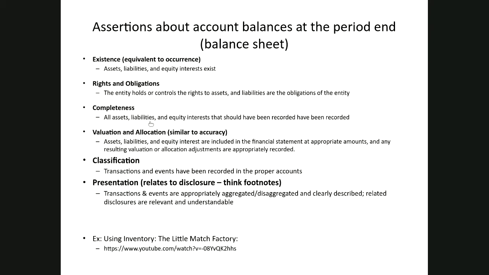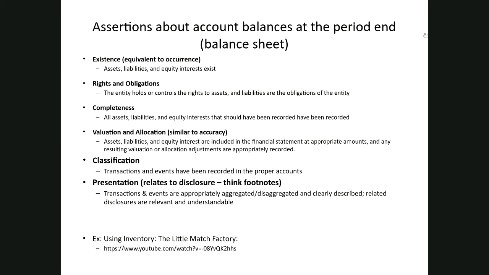The reason why I like to talk about these two together is because this is the point where people get really confused, because they think existence and completeness sound like the same thing, right? These two concepts sound super similar. But in fact, when we talk about them in this audit context, this assertion context, they are essentially opposite.